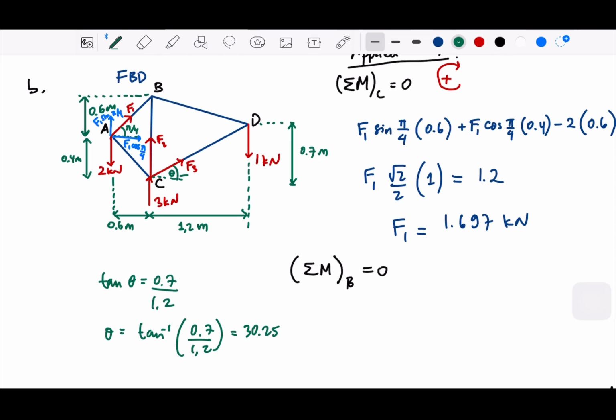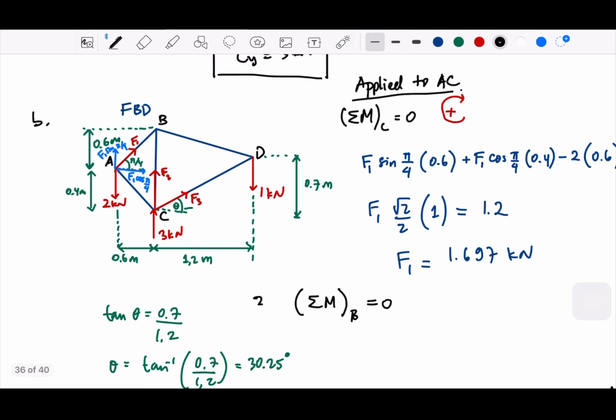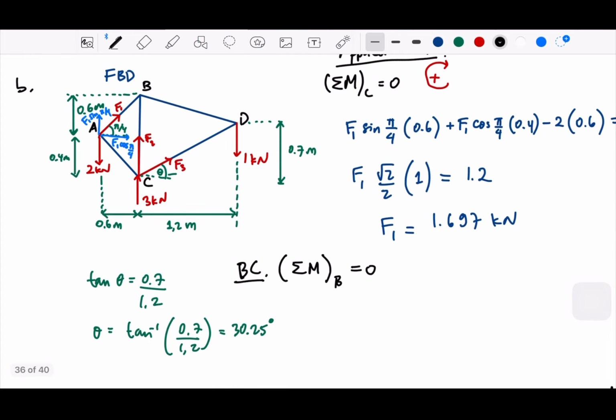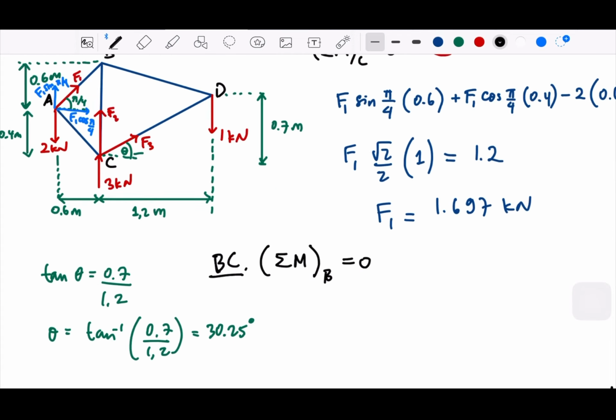Let's check. Okay, I think it's correct. This is degree. Okay, what else do we need to have is now it's BC. So this is BC. So this first one is AC, this one is BC.